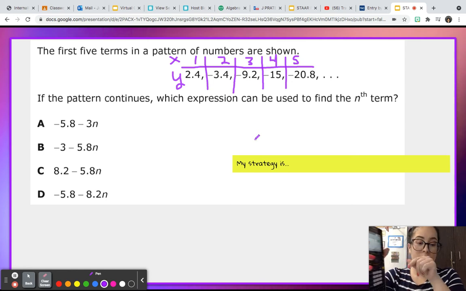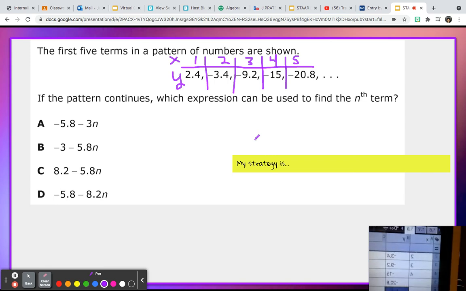I'm going to scroll with my little arrow keys and put 1, 2, 3, 4. Okay, and then that'll be for my x values. My y values are 2.4, negative 3.4, negative 9.2, negative 15, and negative 20.8.